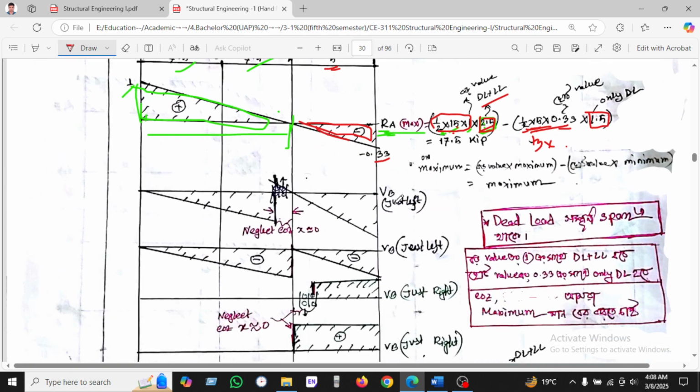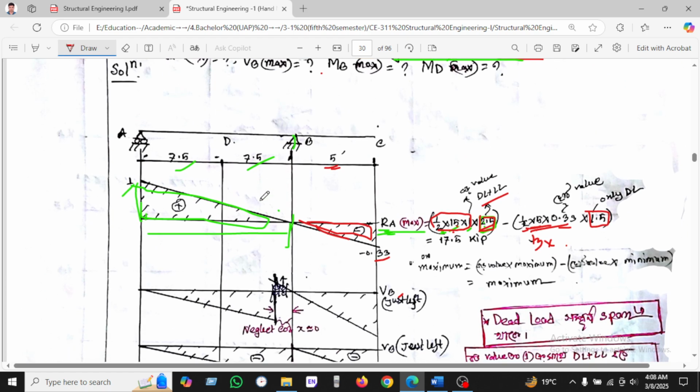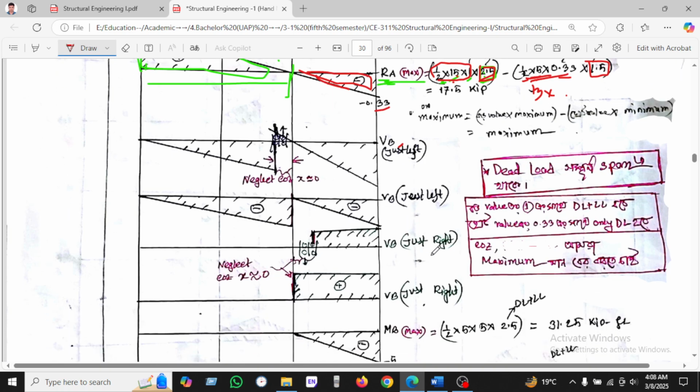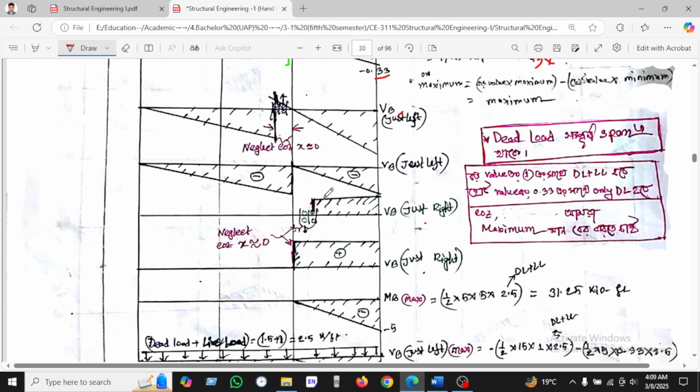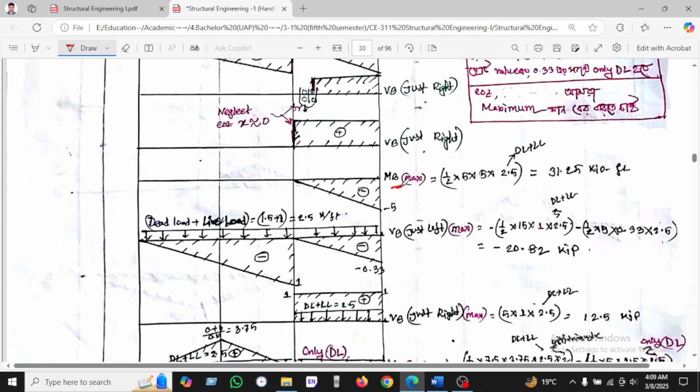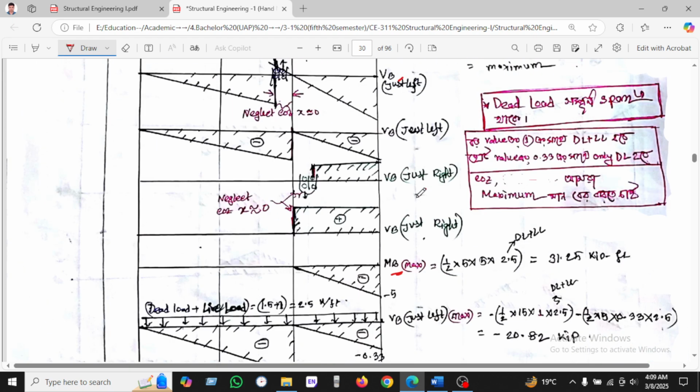Okay, in this way we can calculate B just left. We have been taking the moment B just left here, and the influence line diagram will be like this. B just right. We have been taking the B just right. The diagram will be like this. So I will calculate MB, maximum MB.